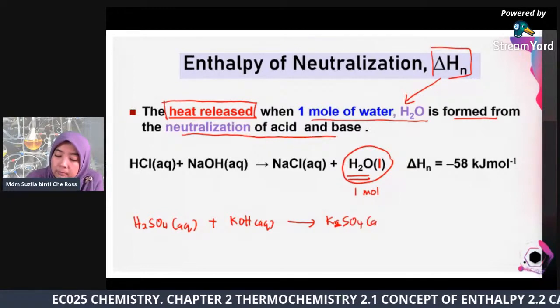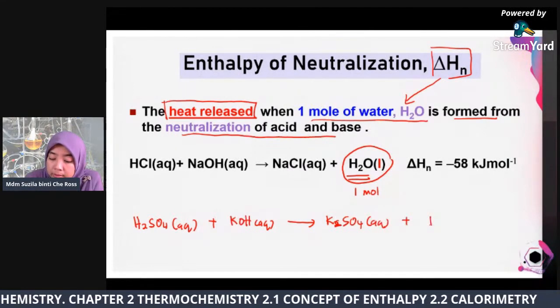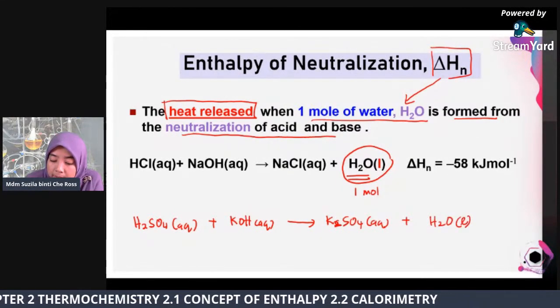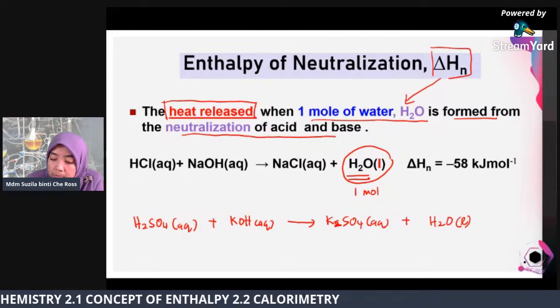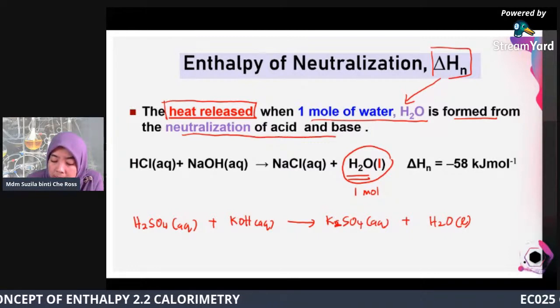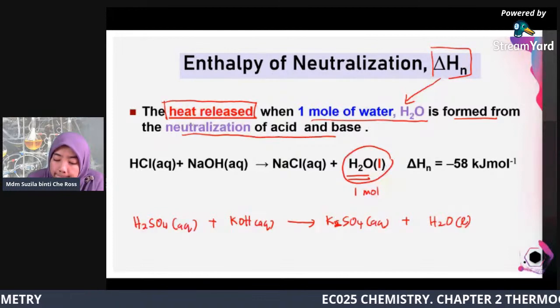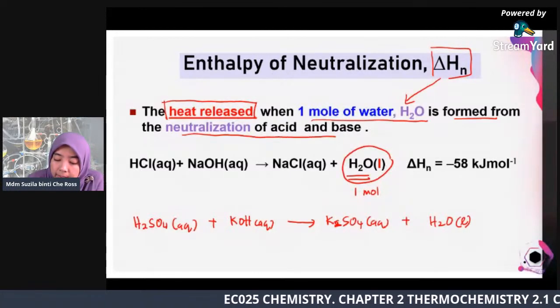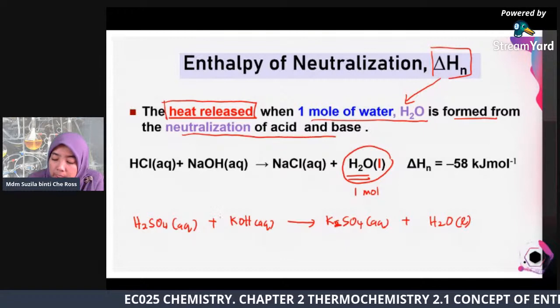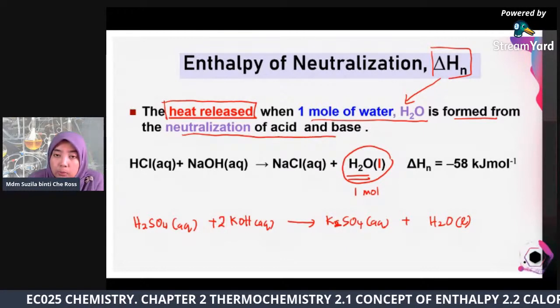Okay, so when you write the reaction, you need to make sure the equation is balanced. Then when we check, we need to add 2 in front of KOH and also H2O.